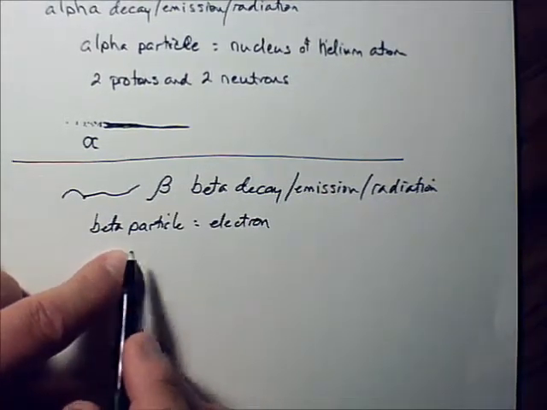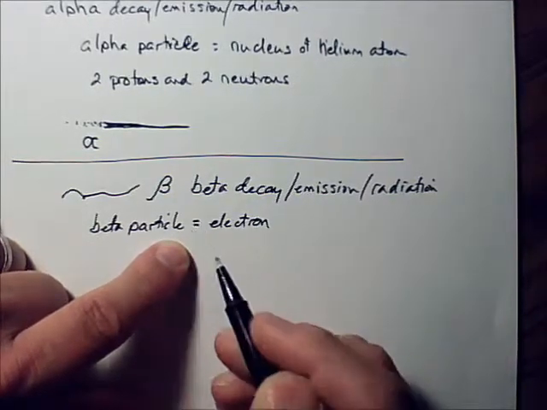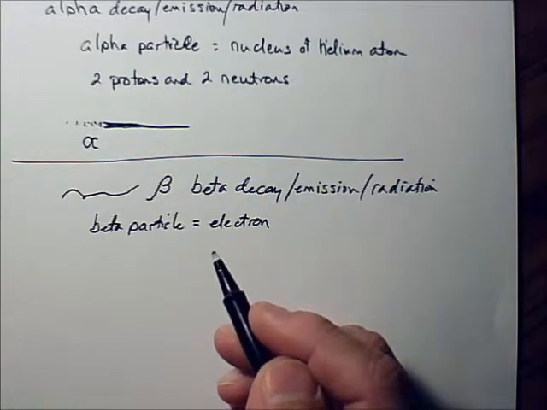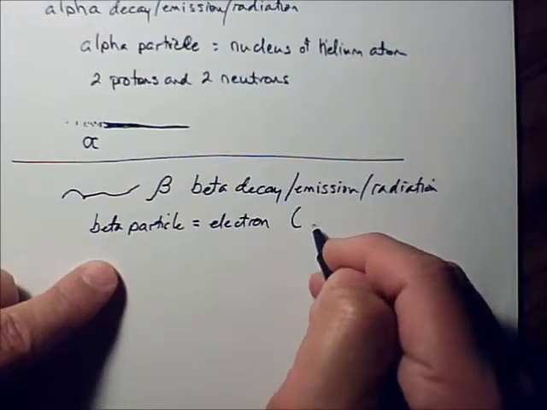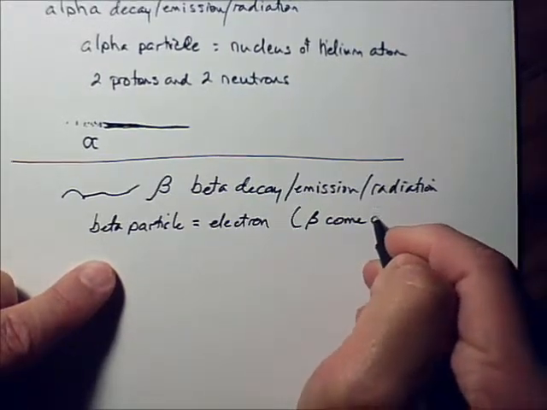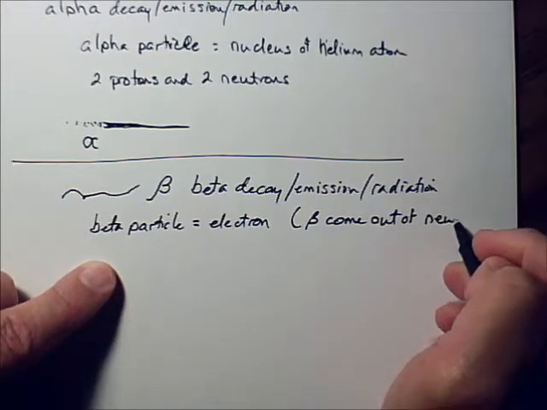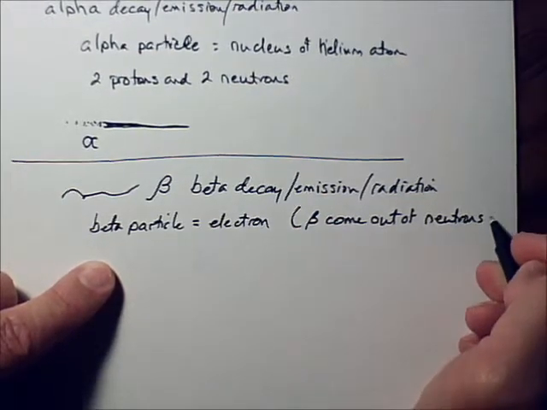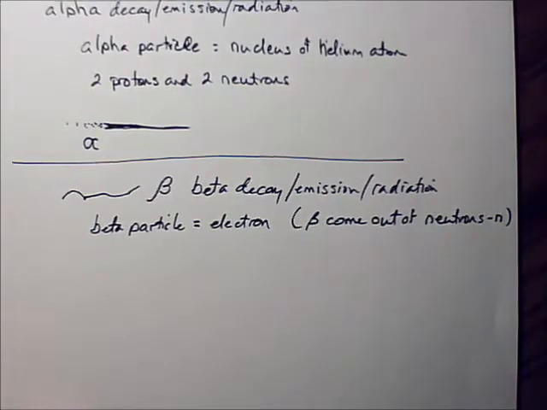The only difference between the beta particle being an electron and an electron being an electron is that the electron is, generally speaking, originally found in the electron cloud. The beta particle comes out of a neutron in the nucleus. Okay? Beta particles come out of neutrons, which have the symbol N. Okay?